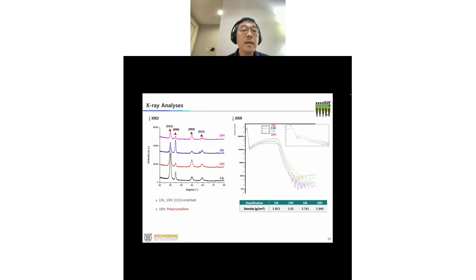Also, you can see the crystallinity. Some materials have different orientations, as you could see in the direction of the crystals in the cross-section SEM image.